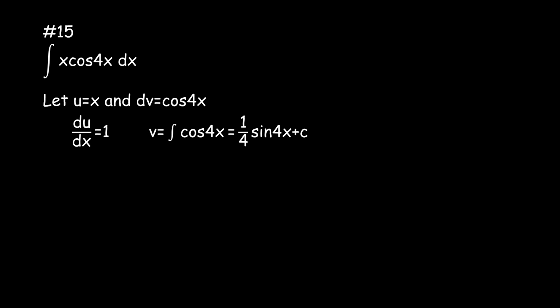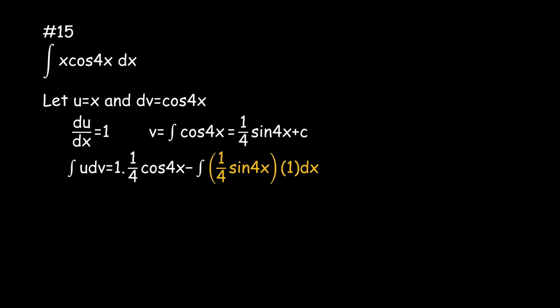So now we substitute the values of v and du into the formula for integration by parts, and we should get this. Now we're going to focus on the right hand side of the equation to integrate 1/4 sine of 4x.